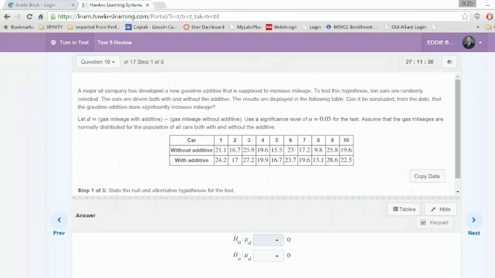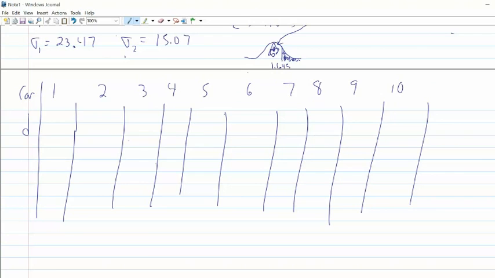So the difference is with additive minus without additive. Do that for each car. I did that on my paper. I got car 1, 3.1, car 2, 0.3, car 3, 1.3, car 4, the difference is 0.3, car 5, 1.2, car 6, 0.7, car 7, 2.4, car 8, 3.3, car 9, 2.8, and car 10, 2.9. So that's the difference D.